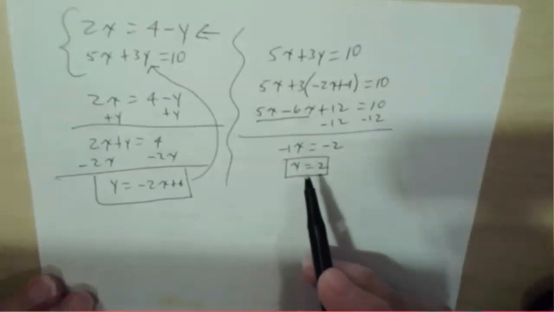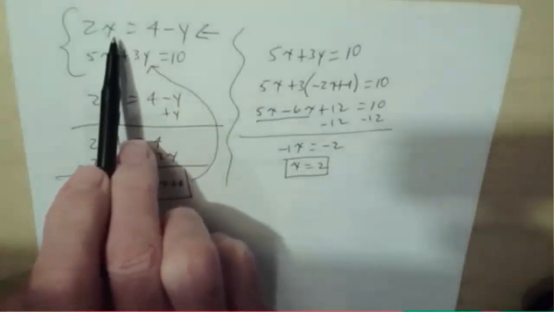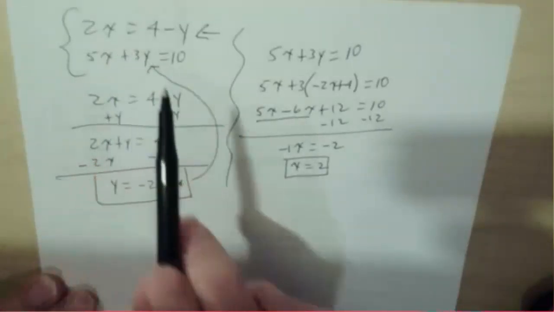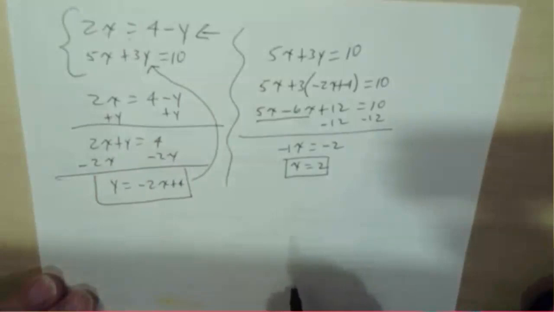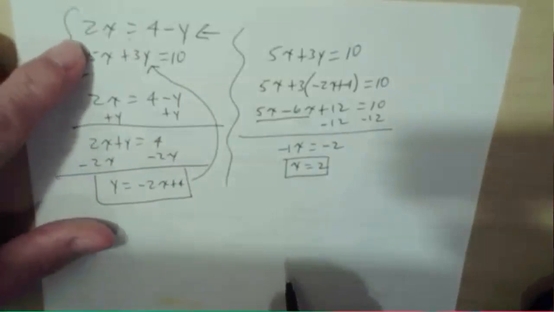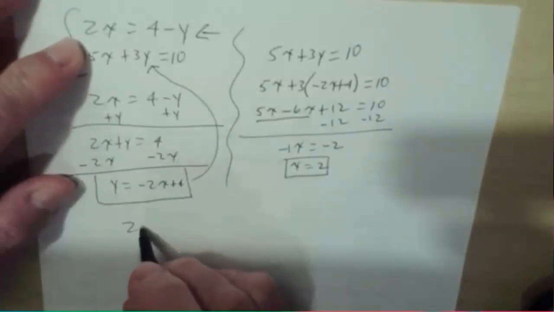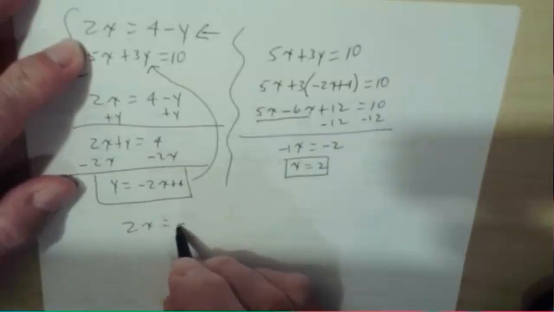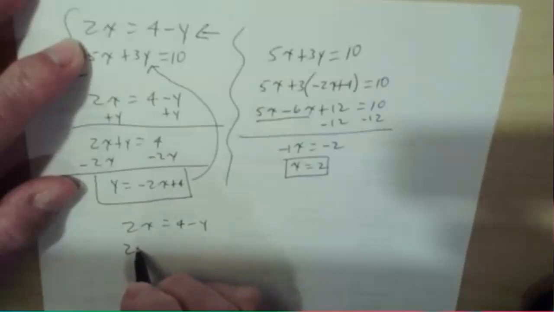Okay? Now we plug this into this one. Doesn't make any difference which one. Let's do that. We get 2x equals 4 minus y. So we get 2 times 2, x is 2, equals 4 minus y.